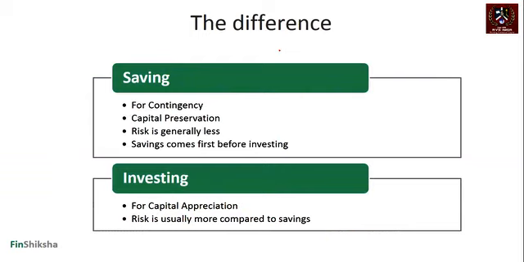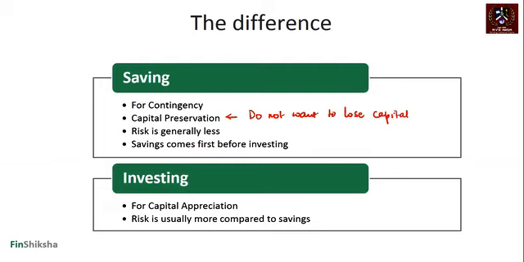So primarily saving is for contingency. Essentially you're trying to mitigate risk. You're trying to save for a time when you might suddenly need that money. So for these contingencies is why you're going to save. Your primary objective is capital preservation, protection of the capital. You do not want to lose capital, right?